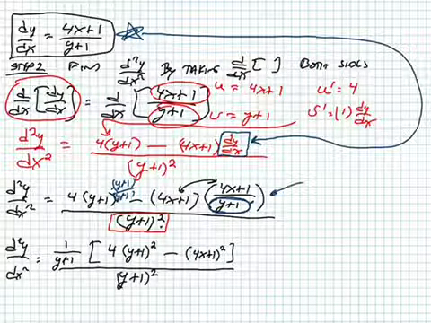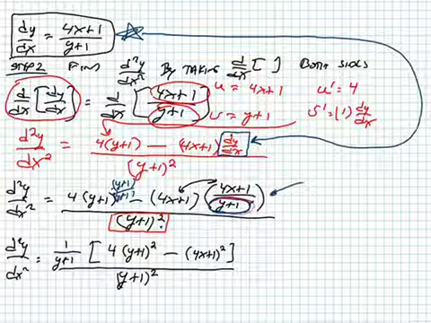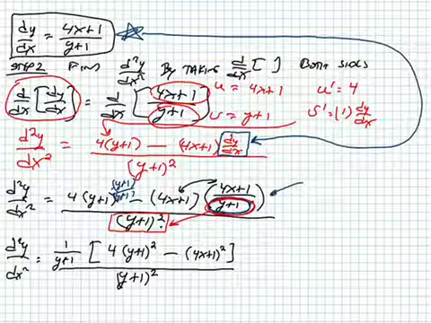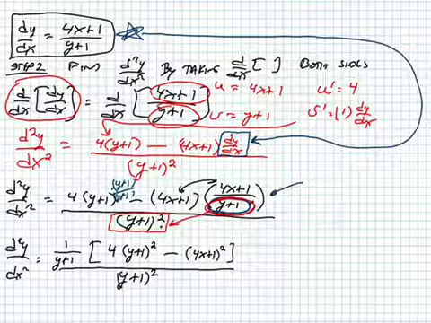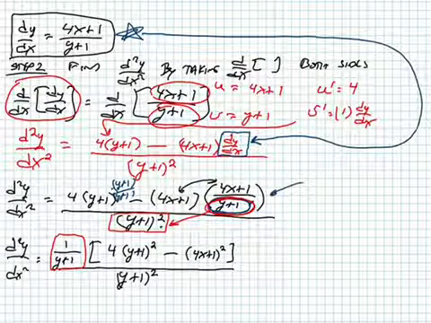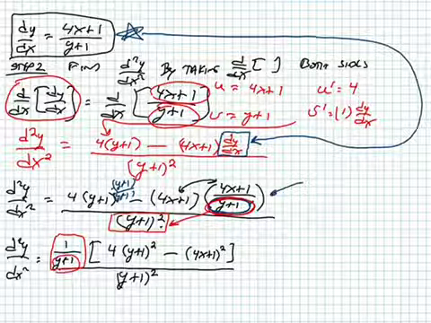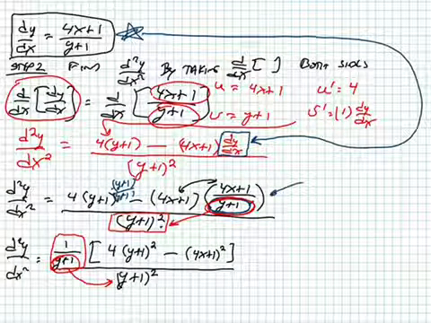Okay, so let's go back up and look at it because this is really confusing. When you put the dy dx term in, this term down at the bottom is always going to match up with this. So what you need to do is factor out a 1 over that, which is what we did over here. And when you factor it out, notice that this y plus 1 belongs with its pal down here, this y plus 1.